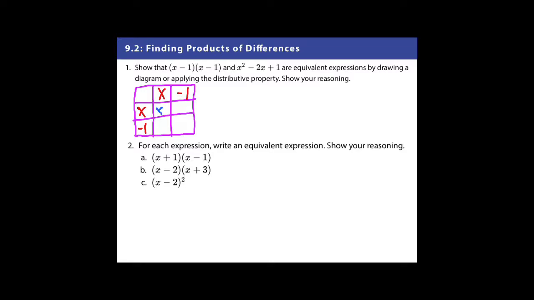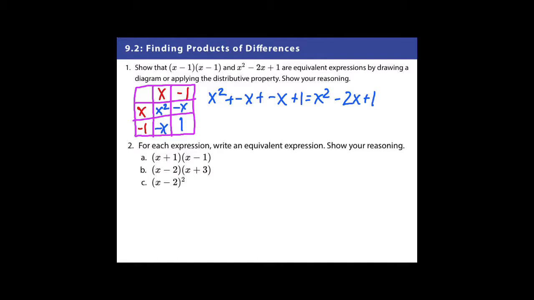So this would be x squared, negative x, and 1. And so the sum of the products are x squared minus x, well, plus minus x, and plus 1, which equals x squared minus 2x plus 1.